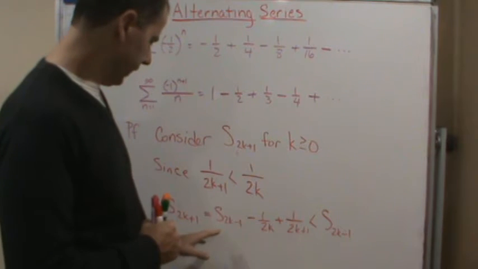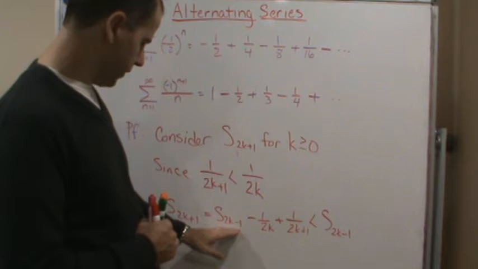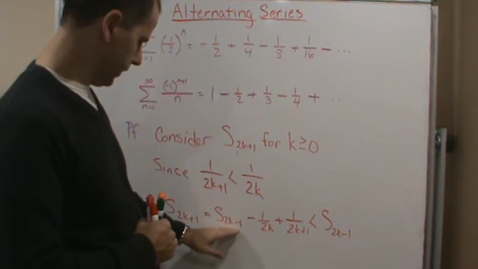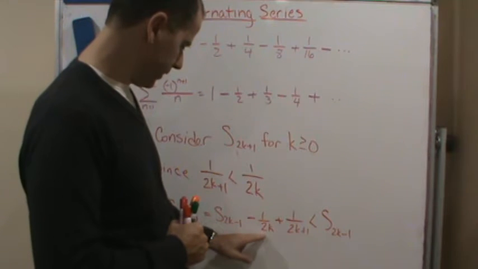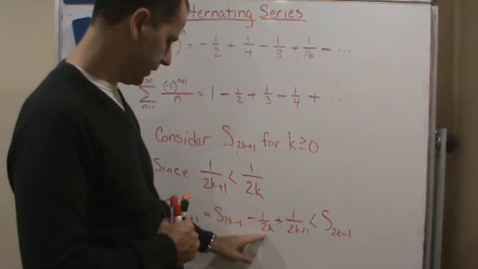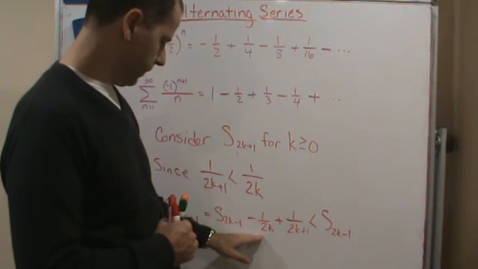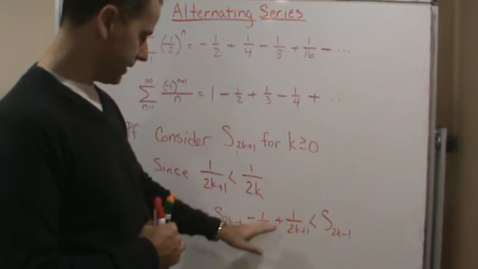So I have this partial sum here, and this is equal to this partial sum here. And I'm subtracting off this one, but adding something smaller. So I'm subtracting something slightly bigger. So if you add these two together, you're going to get something that's negative.